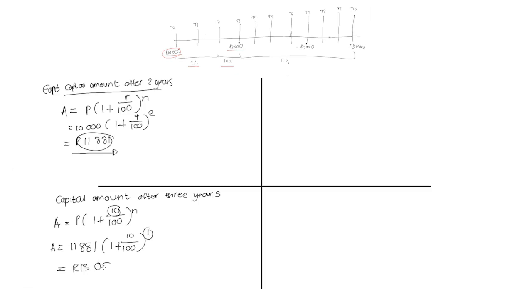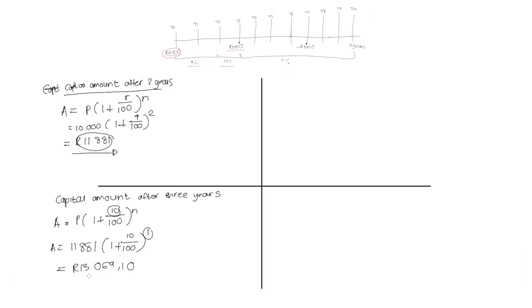Simplifying the equation, we are left with an amount of 13,069 Rand 10 cents. We then have to consider the deposit that was made into his account.